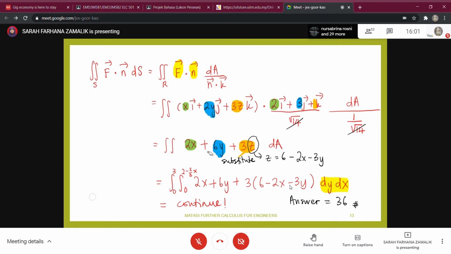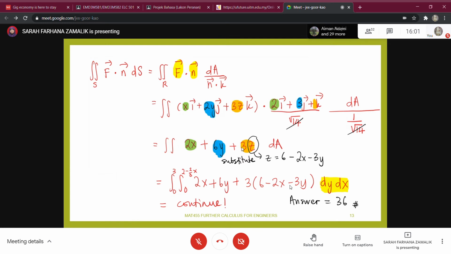Okay, so that's how you do dot product. Ini, please know the concept here. This is the dot product between vectors. So that's why dia dah tak jadi vector, lepas tu dia jadi equation macam ni je. In this case, you have 2x plus 6y plus 3z dA. So do not forget we are evaluating double integral dA here, which means that kalau dA dia mesti ada x and y je sebab ini double integral.